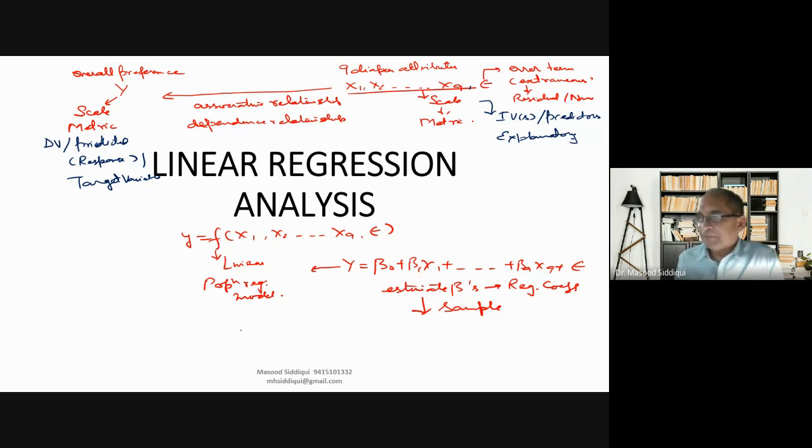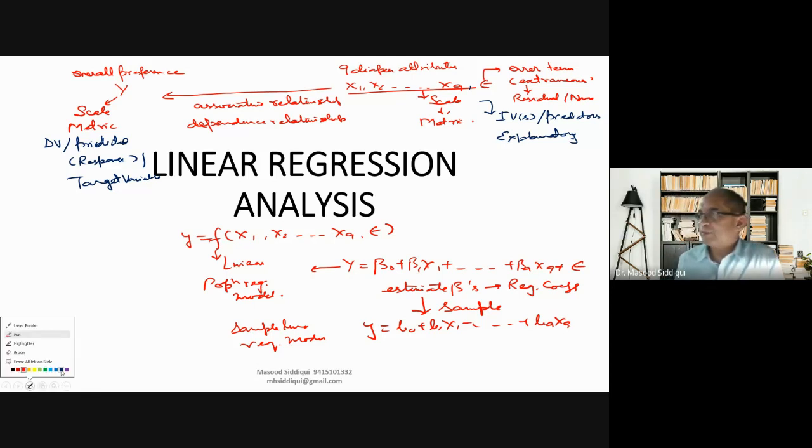And for that purpose, we are using a sample because we don't have access to the complete population data. So the sample linear regression model can be expressed as y is equal to b0 plus b1 x1 up to b9 x9. We cannot estimate epsilon. So before moving forward, let me explain this.